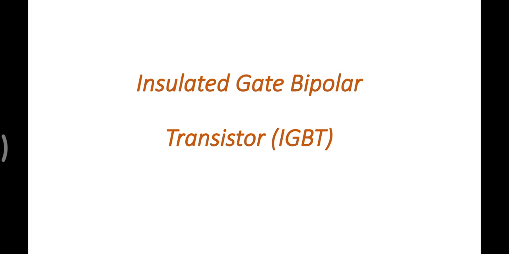In today's class, we are going to cover what an IGBT is, what the structure of the IGBT is, and what the operation of the IGBT is. With these topics, we are additionally going to cover the characteristics of the IGBT.